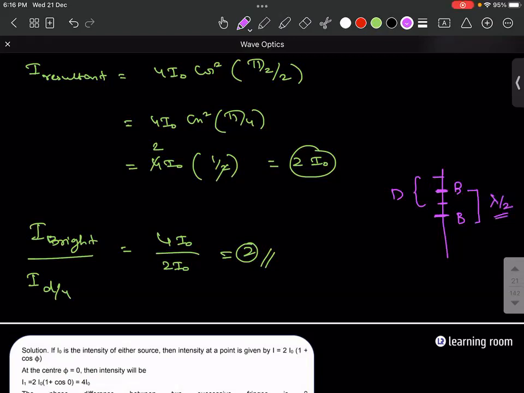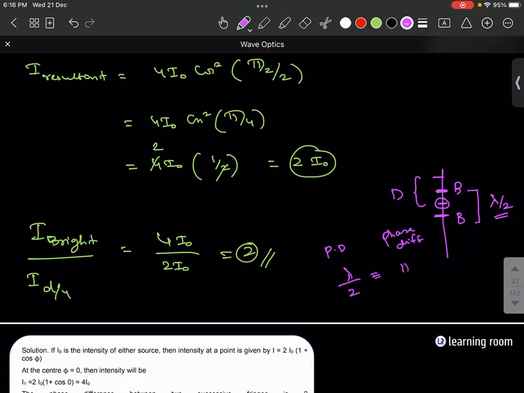Okay, so what did they say? 1/4 of this. How much will 1/4 of this be? Lambda by 2 is the path difference. What is going to be the corresponding phase difference that takes place here?